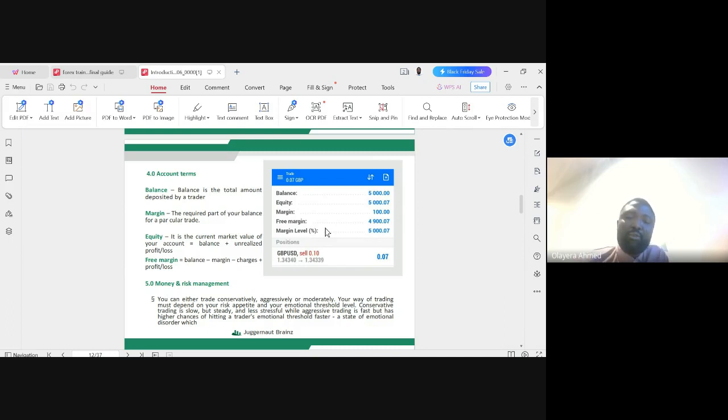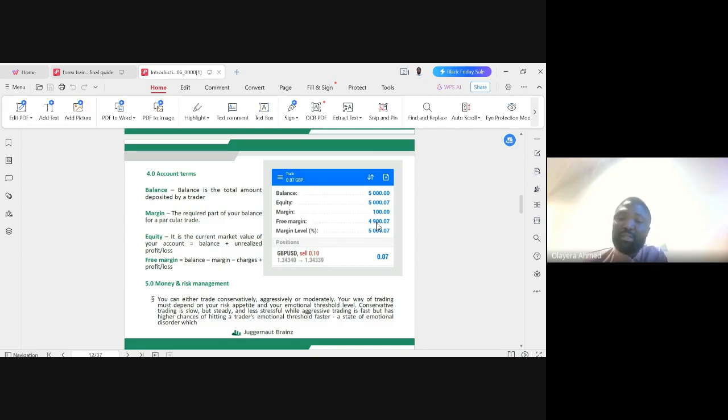Free margin, in this case, is 4,900. If $100 goes into the trade, you have a free margin of 4,900, since 5,000 minus 100 is 4,900. So you have this left. At the point where you have lost this margin and you are still in the trade, and you don't want to close it, the broker will continue to take money from the free margin until you close it.